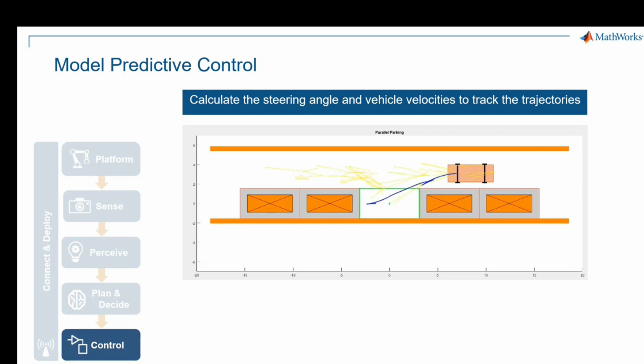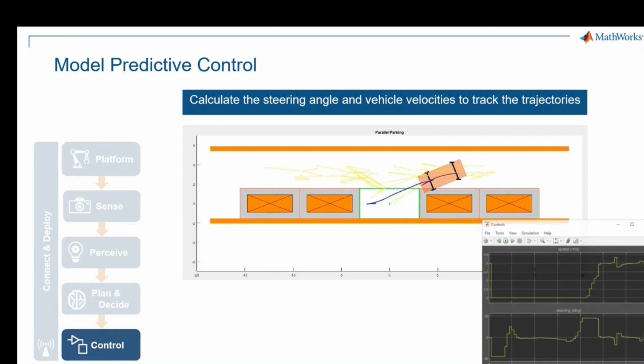Also, I would like to mention some other examples of control. One that is becoming quite popular today is the MPC, the Model Predictive Control. Once we have used a path planner, one of the ways of following the path is using a nonlinear model predictive control to, for example, steer the vehicle for parking maneuvers.